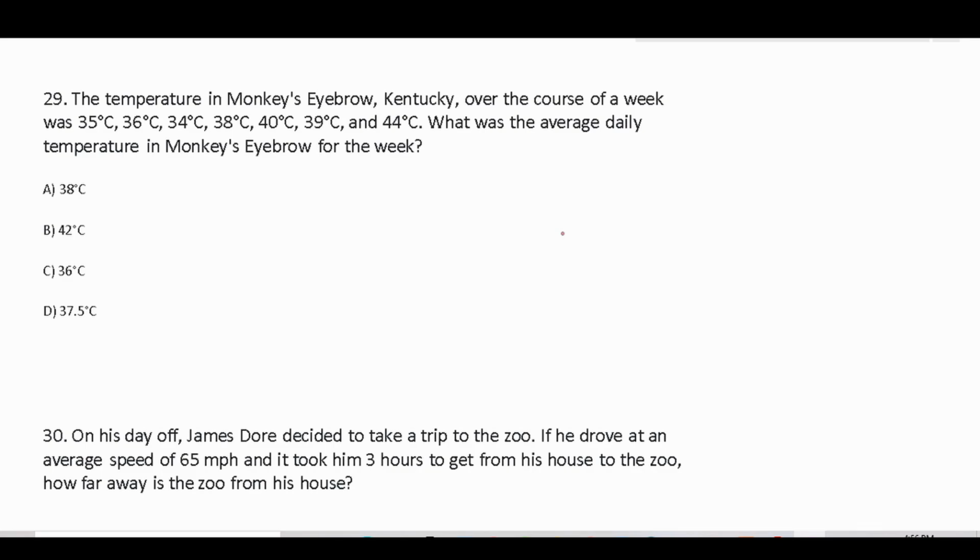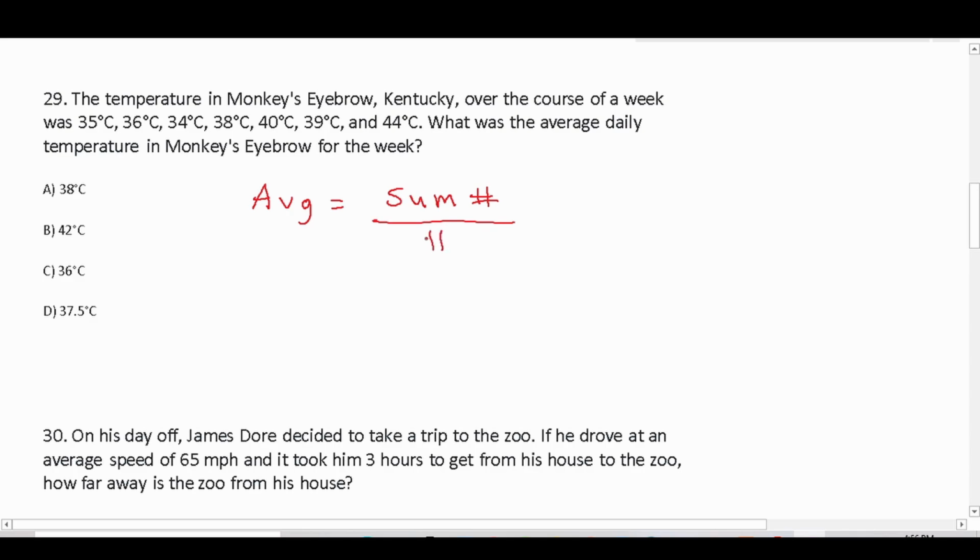Okay, so to solve this one, we're going to have to find the average daily temperature. In order to find the average, I usually use this formula. Average equals the sum of the numbers divided by how many numbers there are.